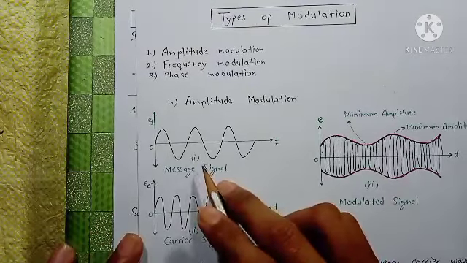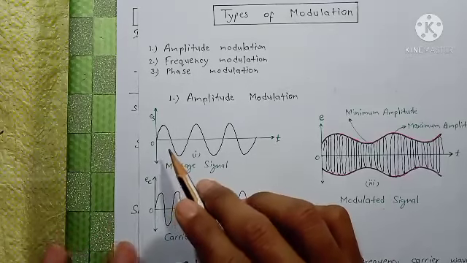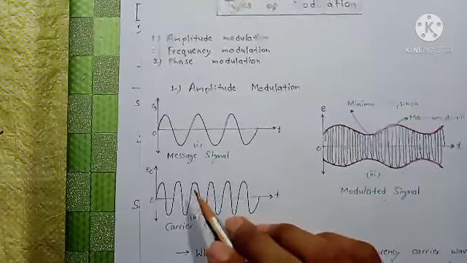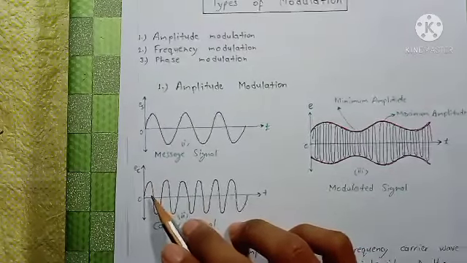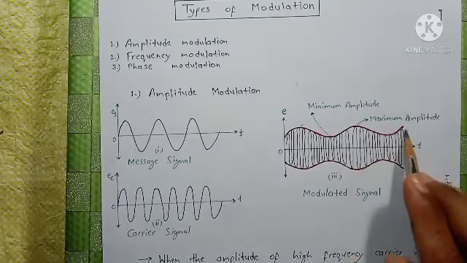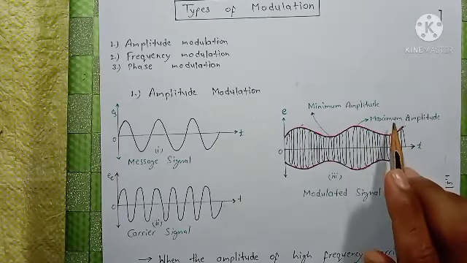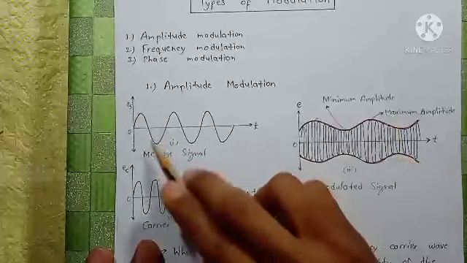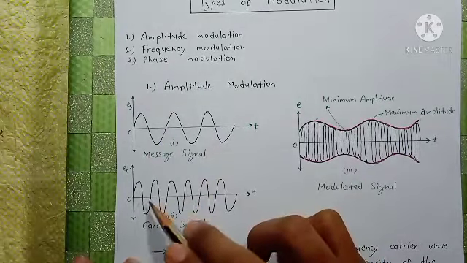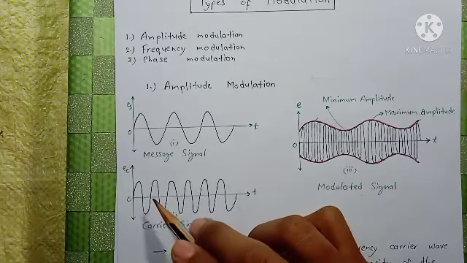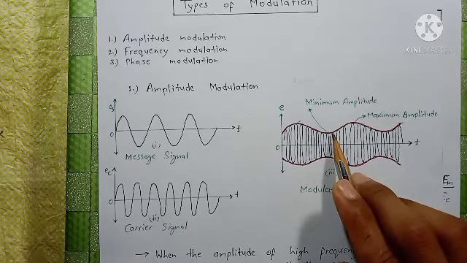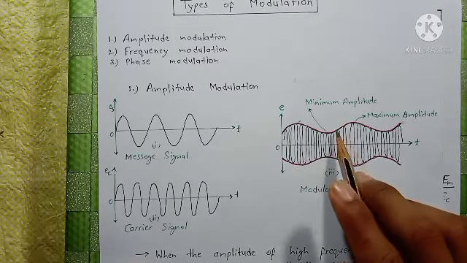In the positive half cycle, when the amplitude of the message signal increases, the carrier signal also increases, and we get the maximum amplitude. And in the negative half cycle of the message signal, the carrier signal also goes negative, and in this situation we get the minimum amplitude.